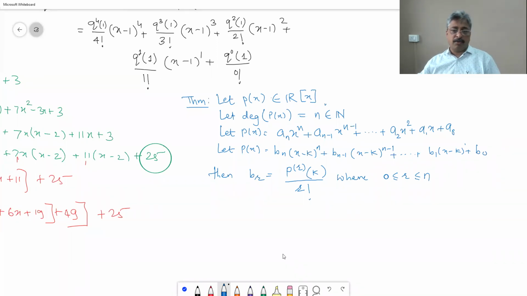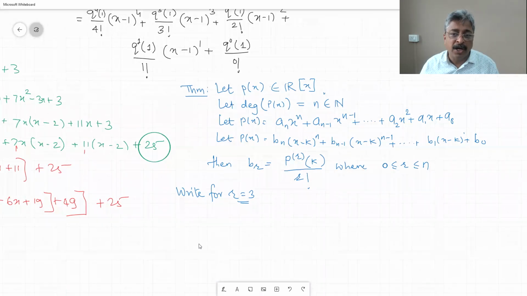What we will do is, instead of writing it for r in general, we can write it for, say, r is equal to 3, and check what happens. It will be true for every r from 0 to n. Instead of making the proof unnecessarily long and difficult to understand, it is better to write it for r is equal to 3.